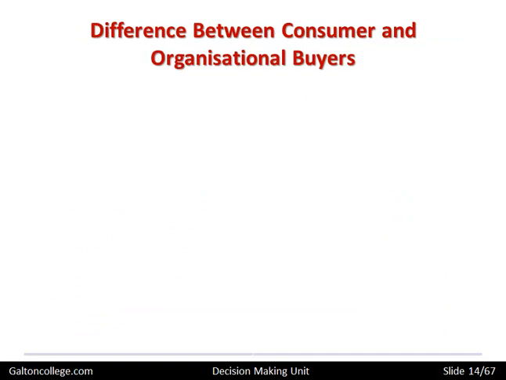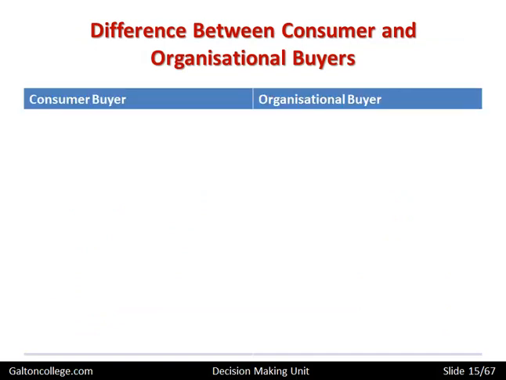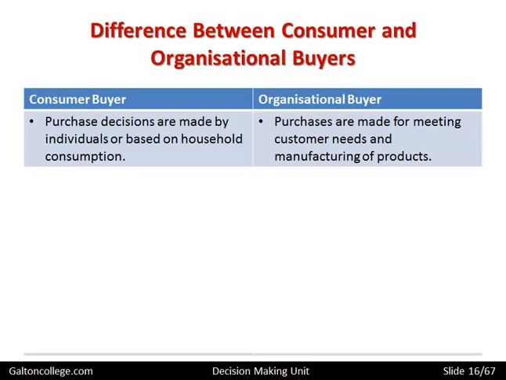So the difference between consumer and organizational buyers. Well, for the consumer, generally speaking, the purchase decisions are made by individuals or based on household consumption. So small scale. For organizations, the purchases are made for meeting customer needs and manufacturing of products. So purchases are made for a different purpose in business.